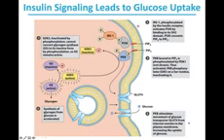Insulin signaling leads to glucose uptake and glycogen synthesis. How does this happen? The signaling pathway from insulin branches at the insulin receptor substrate 1 protein. GRB2, or growth receptor bound protein 2, is not the only protein that IRS1 interacts with. If you remember, IRS1 interacts with GRB2 via SH2 domain.